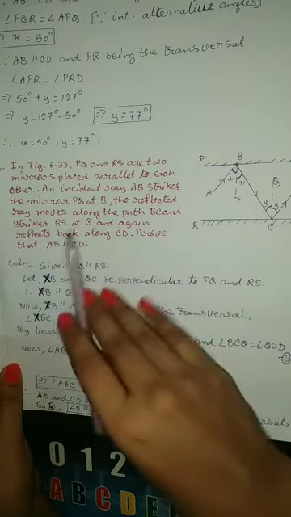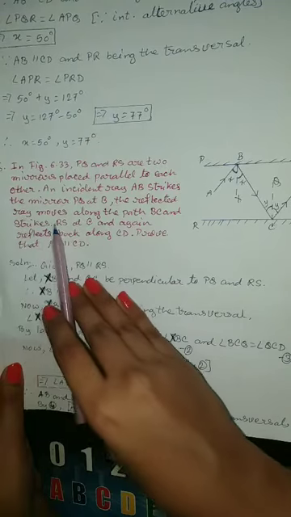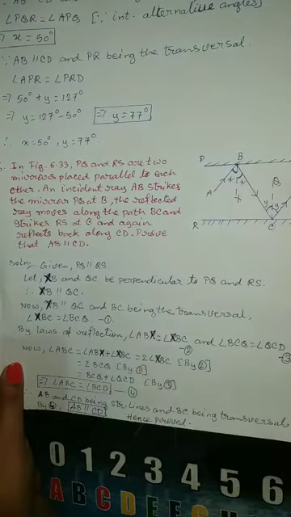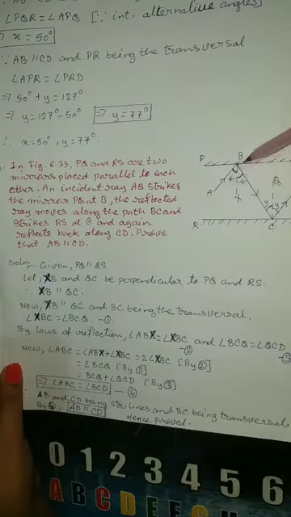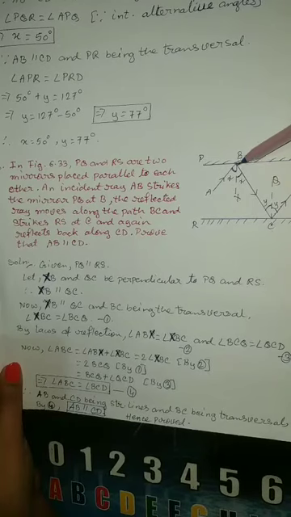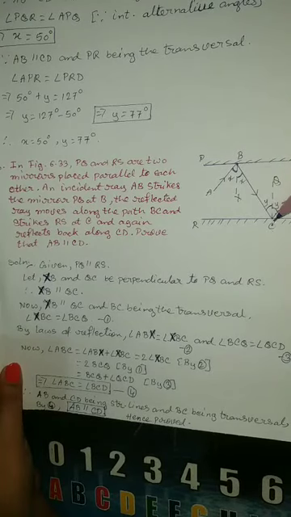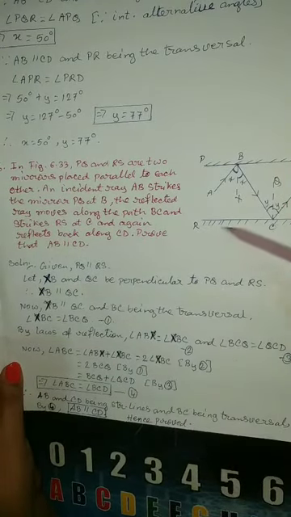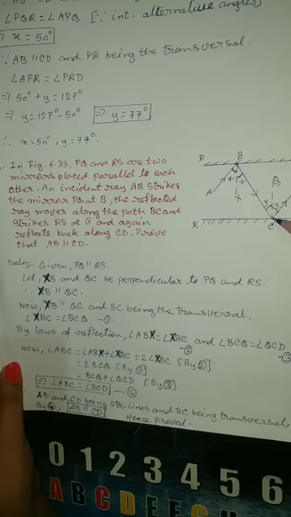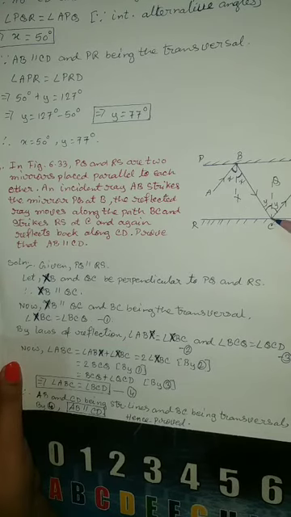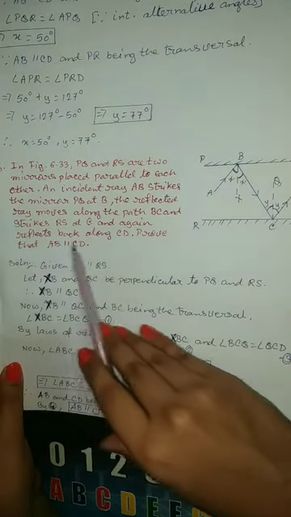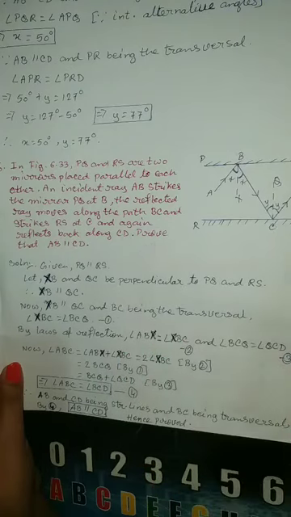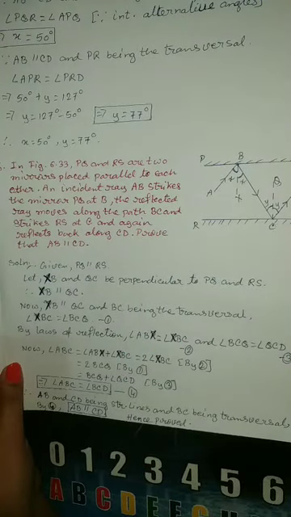Then the reflected ray moves along the path BC. Now the ray AB gets reflected along the path BC, and again strikes RS at C. It is striking the mirror RS at point C. Then it reflects back along CD.